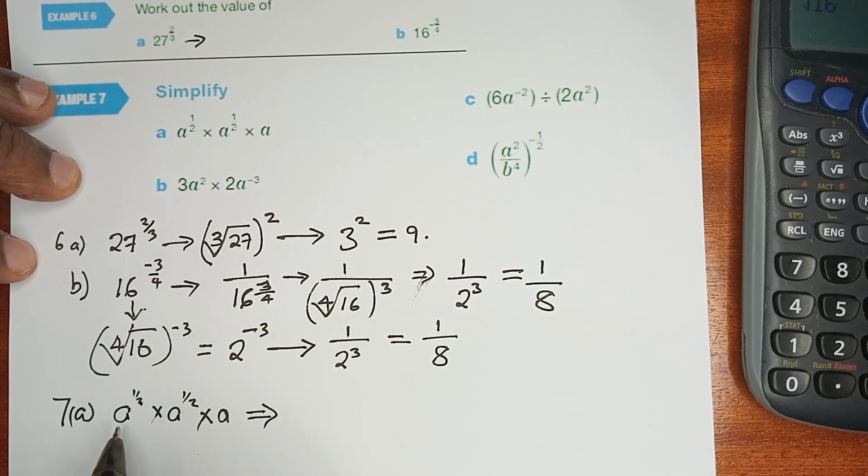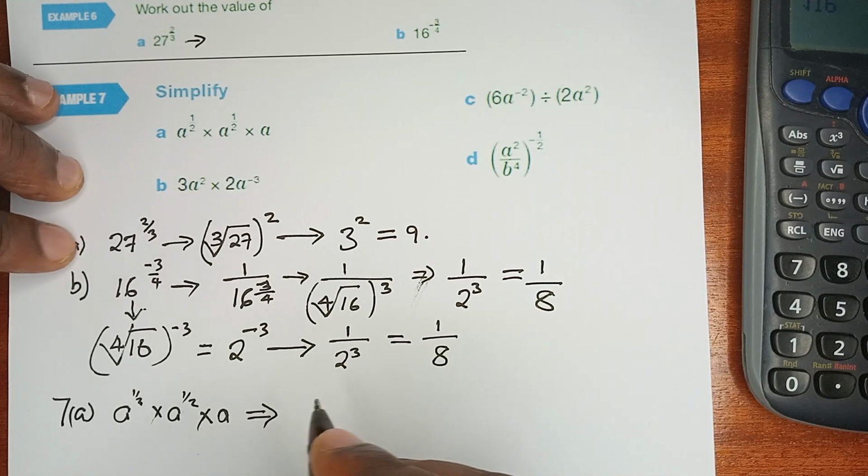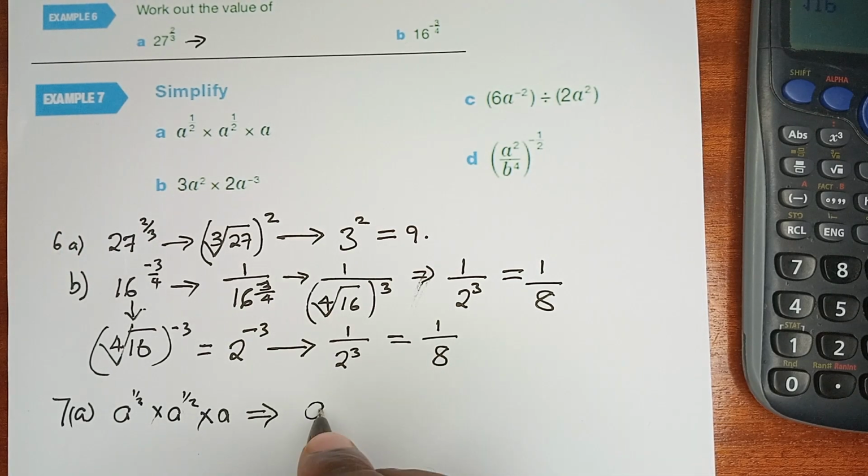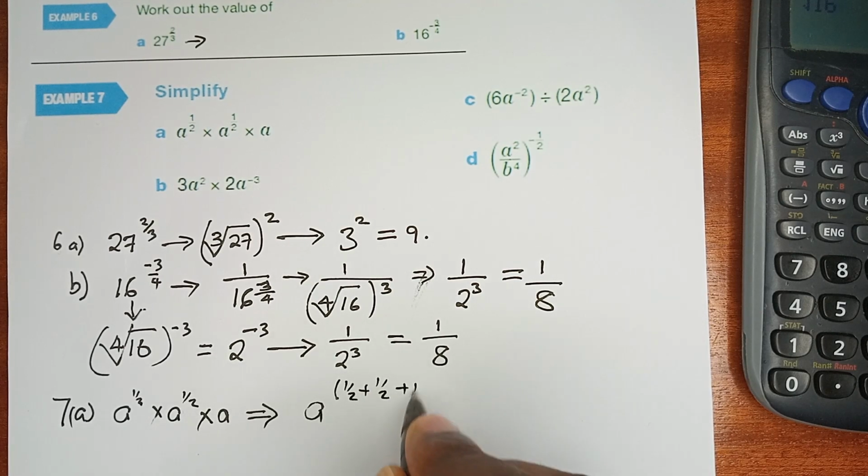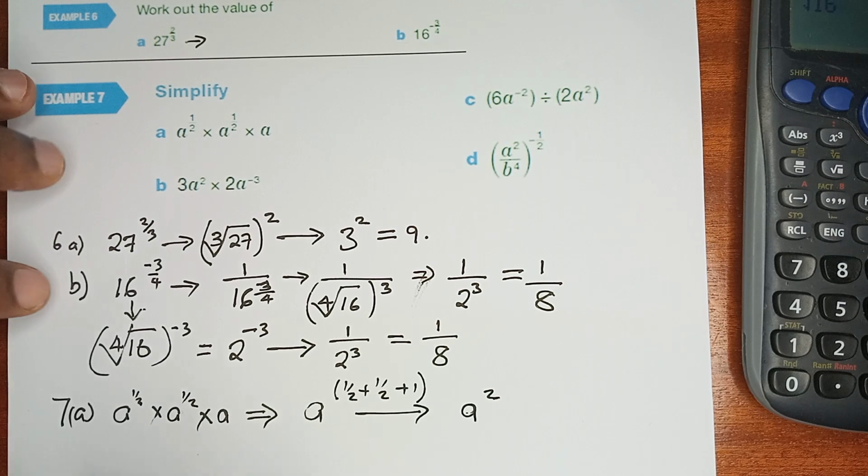The base is the same, because we are all talking about a, but the indices according to law 1 should be added together, whereby we get a raised to power a half plus a half plus 1, because the last one is just a raised to power 1. That is a raised to power 2, which is a squared. And that is just it. What about part B?